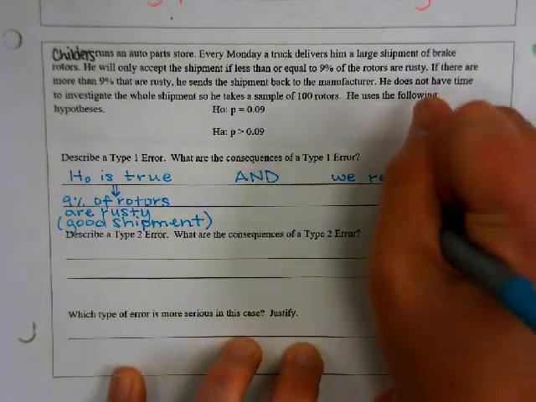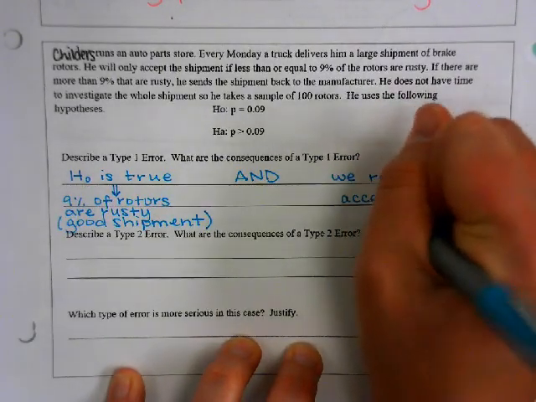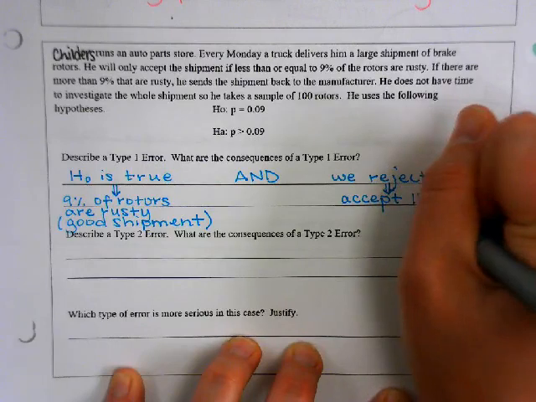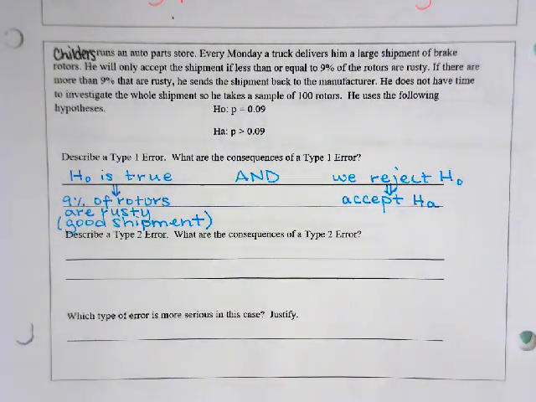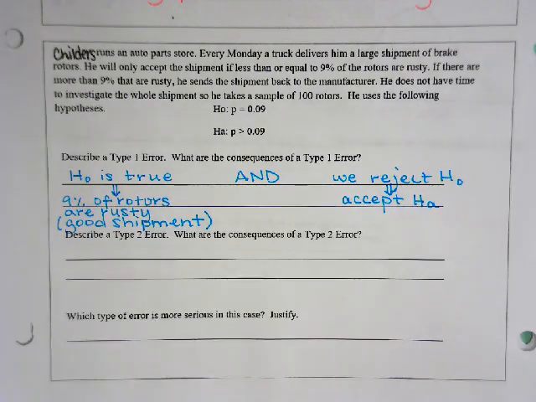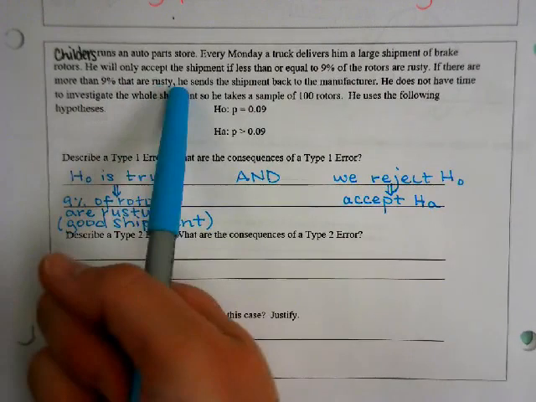And if we accept the alternative as truth, we think that more than 9% are rusty. And Childers is going to send it back if more than 9% are rusty.